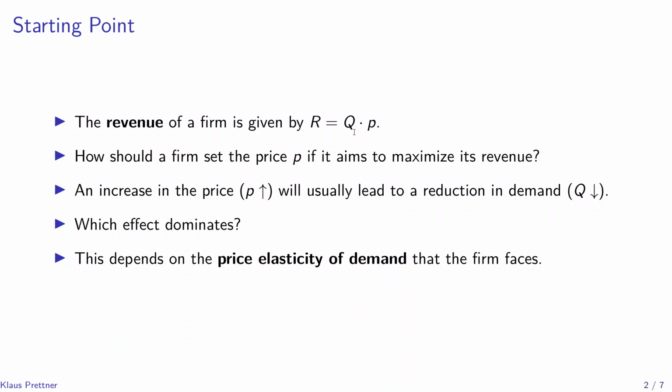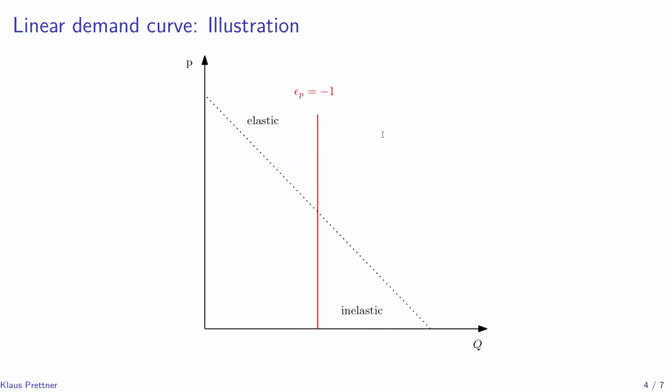Now we remember the definition of revenue. That's the quantity times the price. So if we draw in this diagram here the revenue curve, then we would get a situation where the revenue curve has the peak at the red vertical line where the price elasticity of demand is -1. Why? Because if we are to the left of this vertical line, demand is elastic.